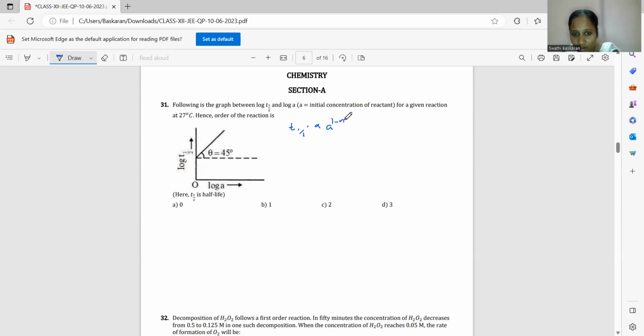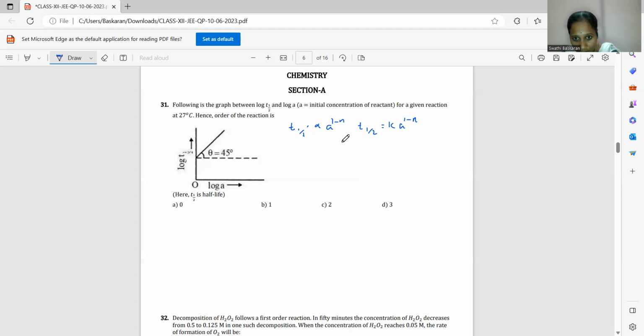Now, in order to remove the proportionality constant, we will write T half is equal to K A raised to the power 1 minus n. Now applying log on both sides.